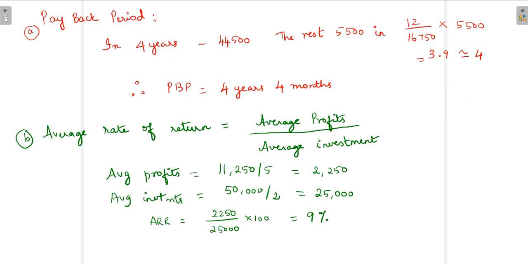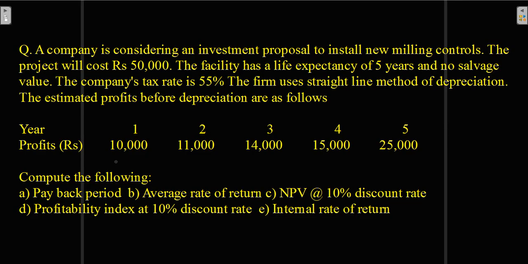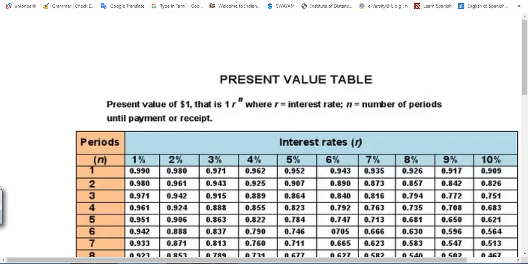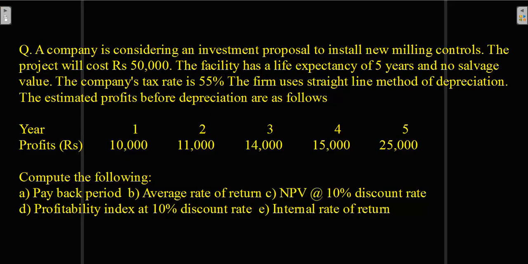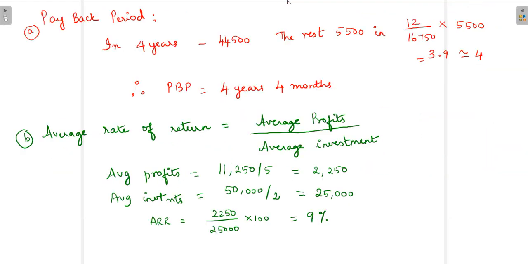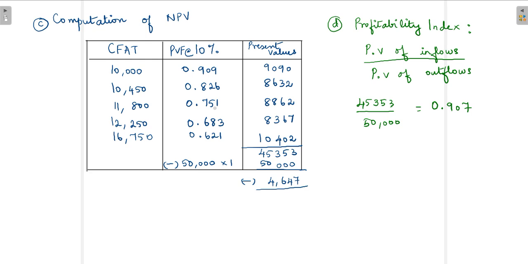In this question they have specifically told us to find the net present value at 10% discount rate. So you will go to the present value table, 10%. This is 5 years. So you take the 1 to 5 years values and put them in this table.